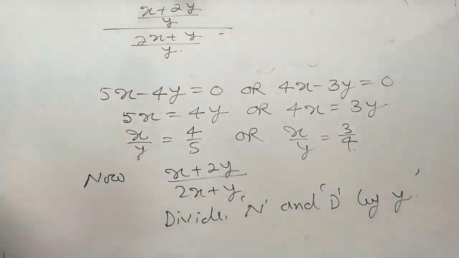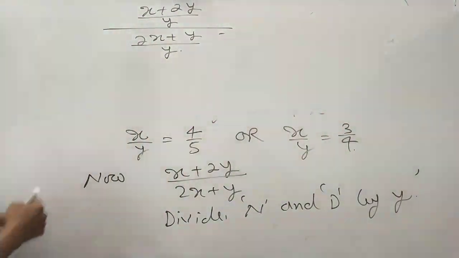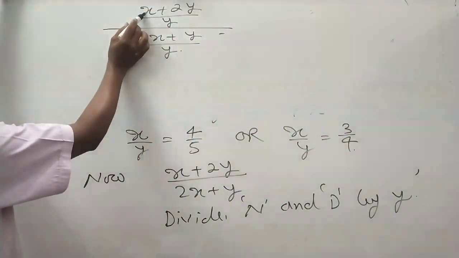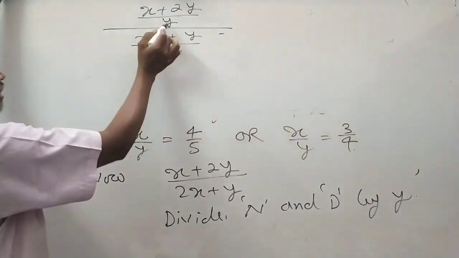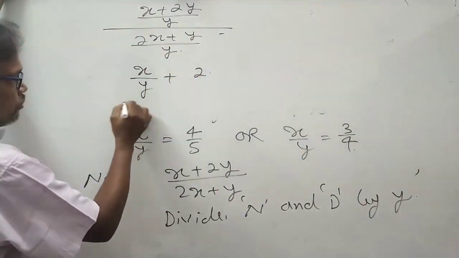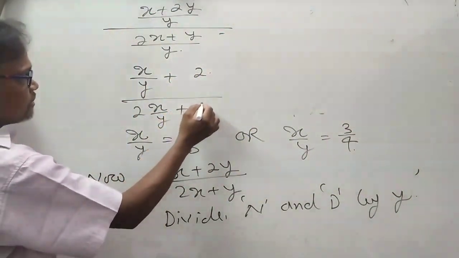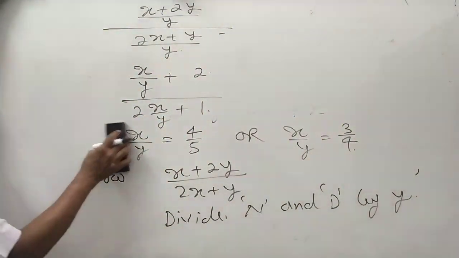Then write this as x upon y and 2y upon y, which means separate it. You get (x upon y plus 2) whole upon (2 x upon y plus 1). You can write like this.